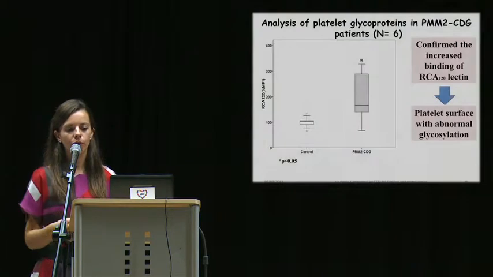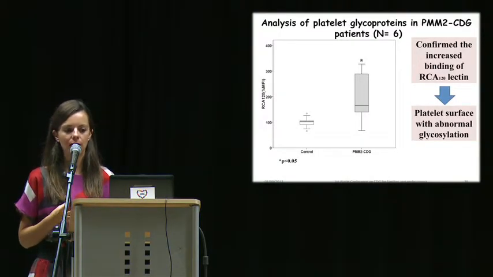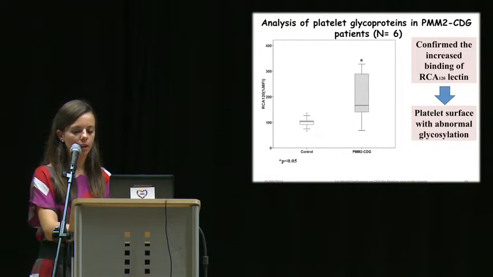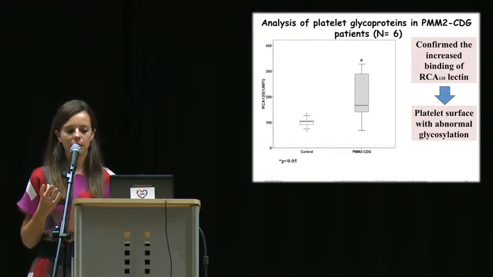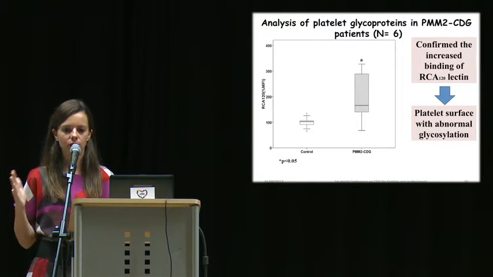So first of all, we confirmed the increased binding of this lectin in our cohort of patients, suggesting the same, that there is an abnormal glycosylation in the surface of the platelets.